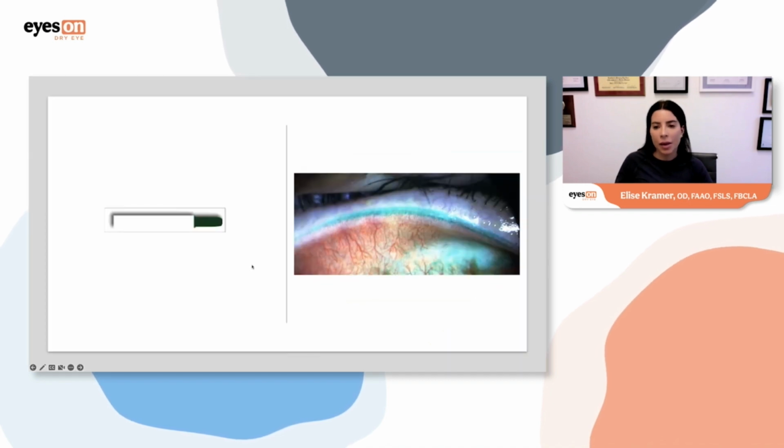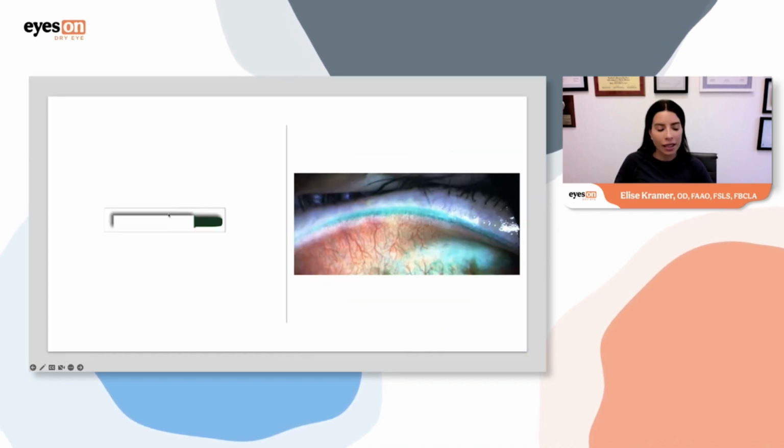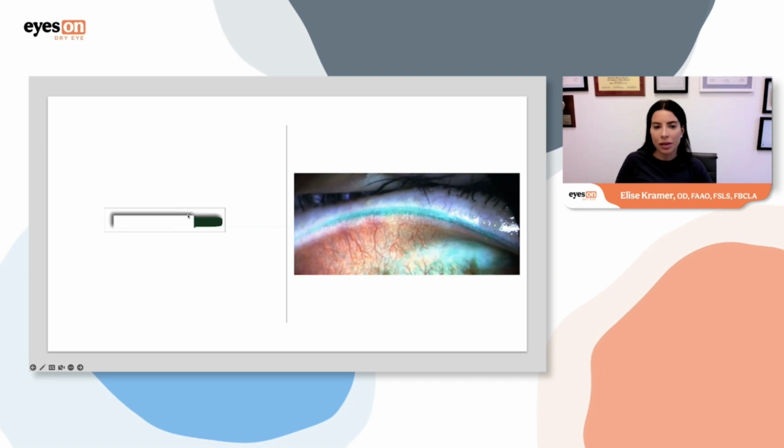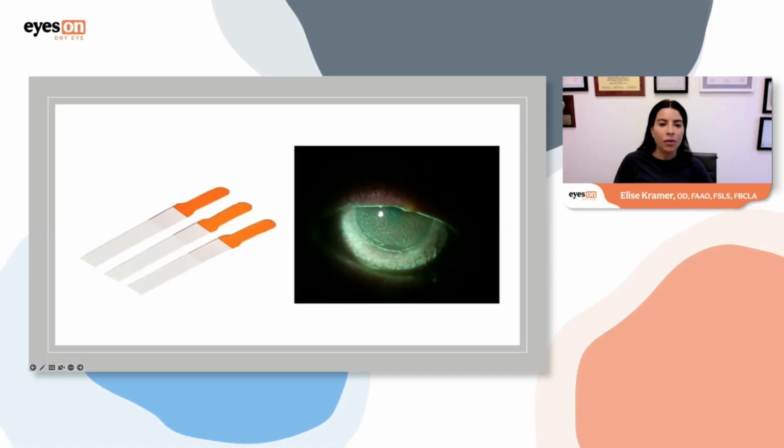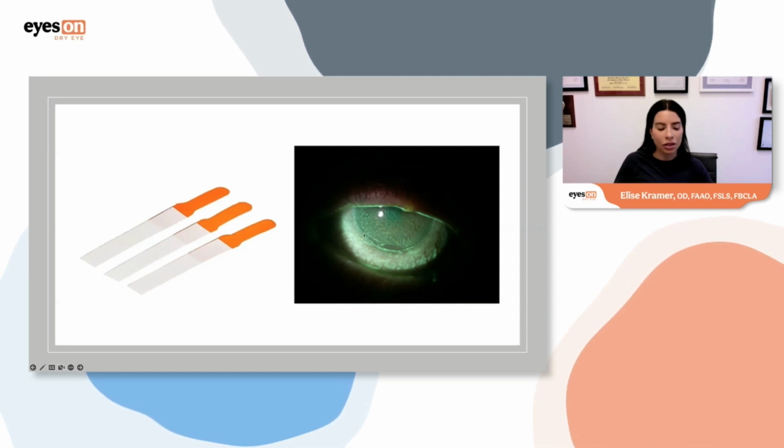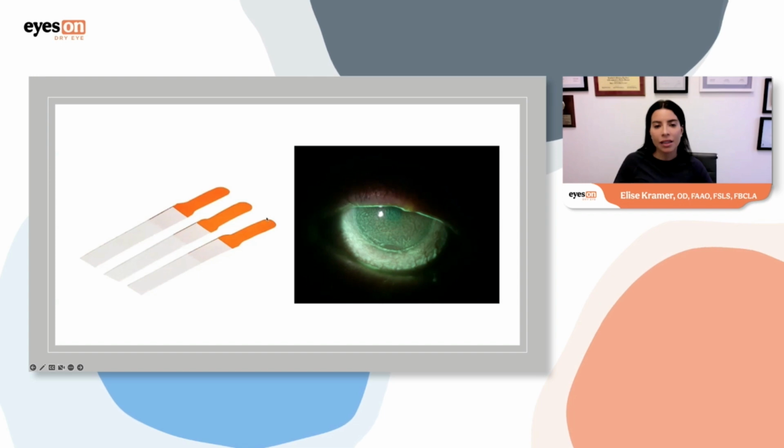And again, that lid wiper epitheliopathy, just highlighted here, is best seen with lissamine green. And then fluorescein is an excellent dye as well, which is best to show dead and devitalized cells on the cornea. So just an excellent diagnostic tool when you're talking about diagnosing dry eye.